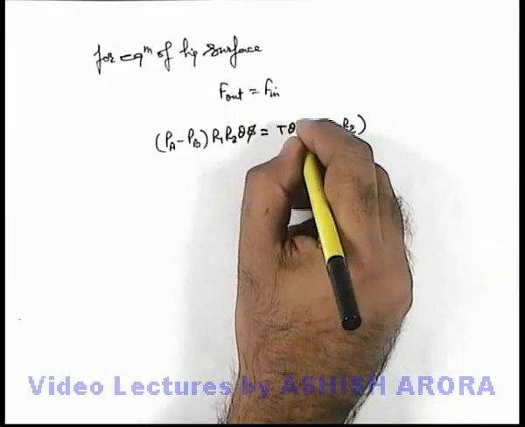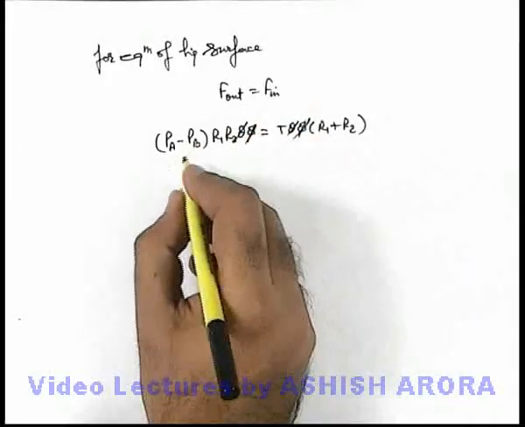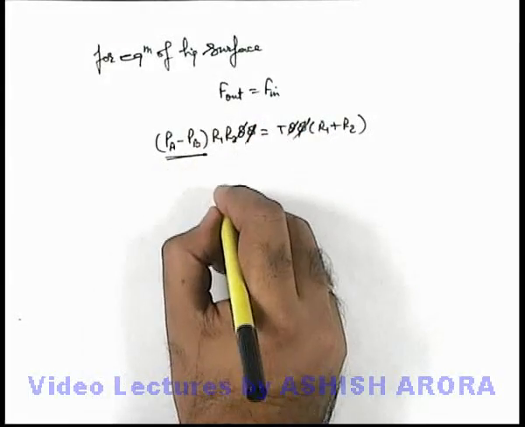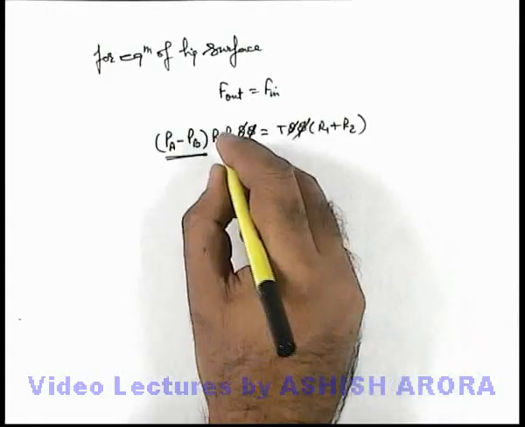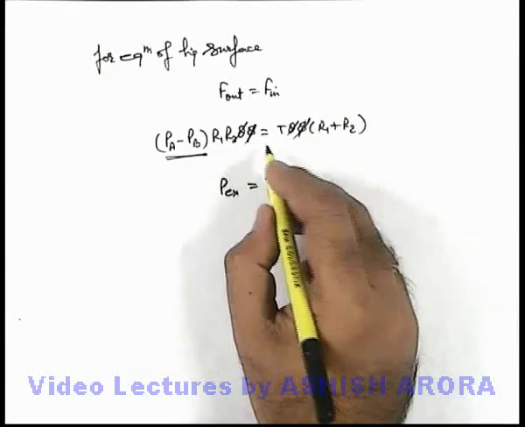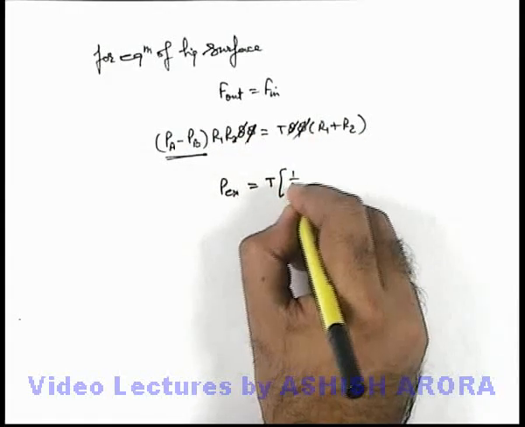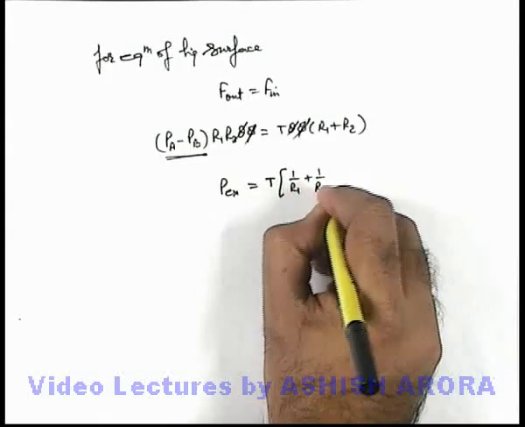Theta and phi get cancelled out, and PA minus PB, the excess pressure inside, can be written as T times, with r1 r2 taken to the other side, 1 by r1 plus 1 by r2.